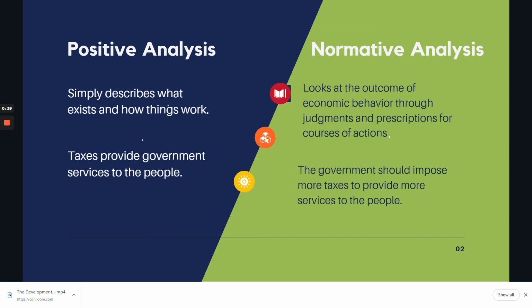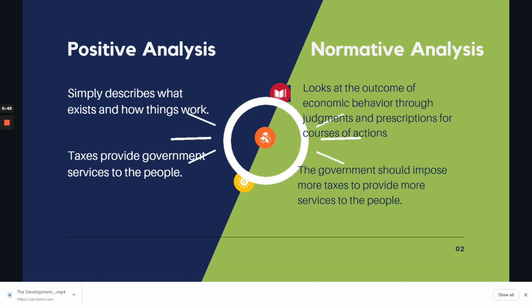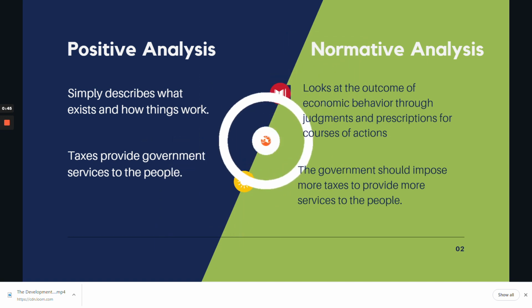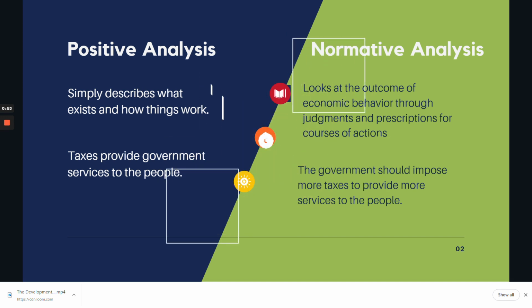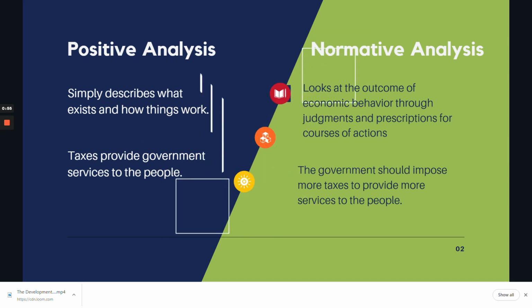Positive economic analysis simply describes what exists and how things work. It has a more objective orientation that distinguishes it from normative economic analysis, which looks at the outcome of economic behavior through judgment.